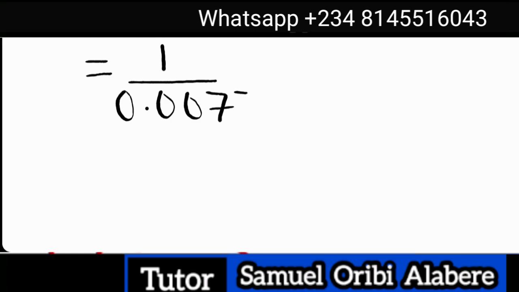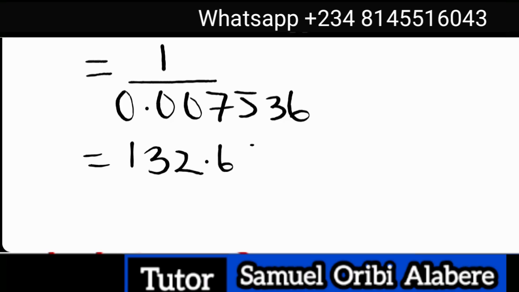So now this will be equal to 1 all over 0.007536. So 1 divided by 0.007536 will be equal to 132.69 ohms.